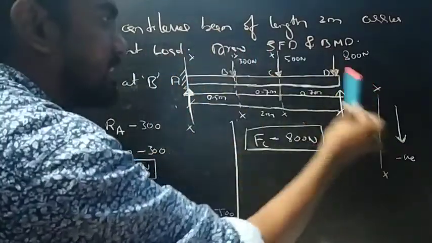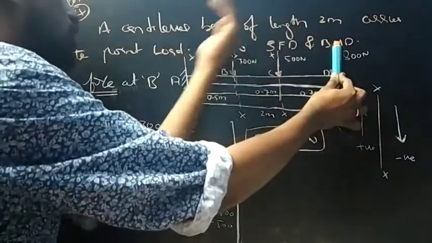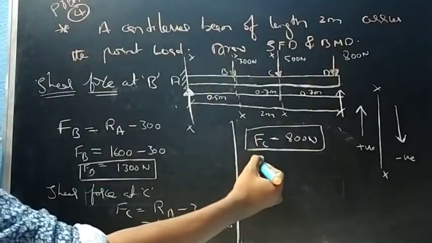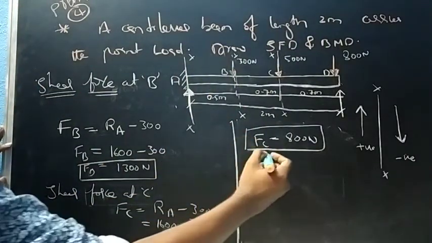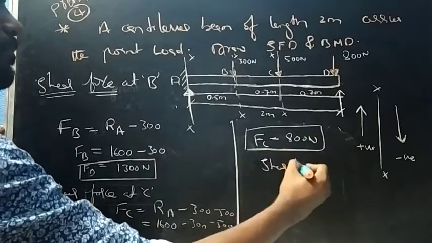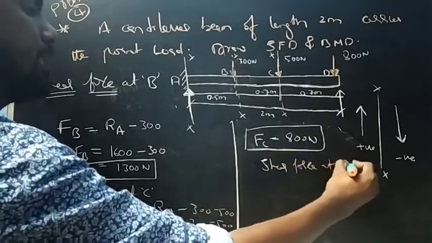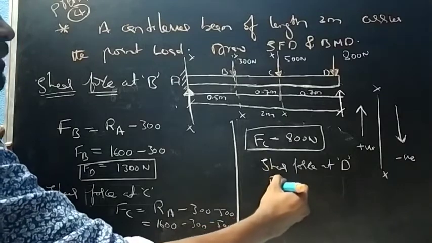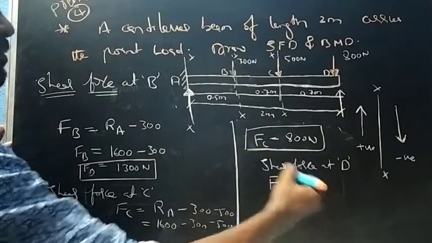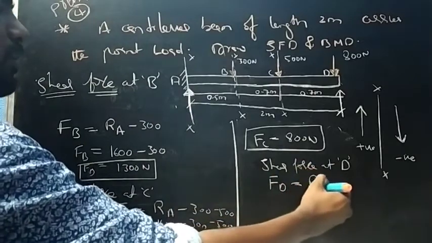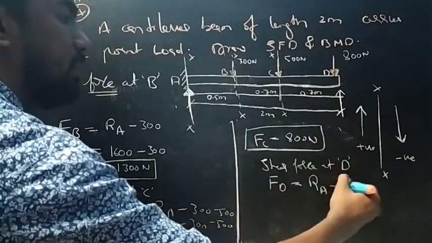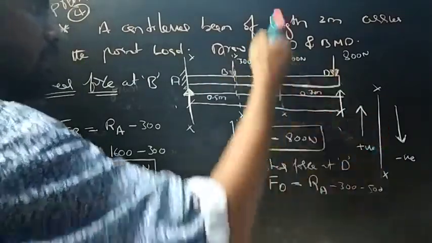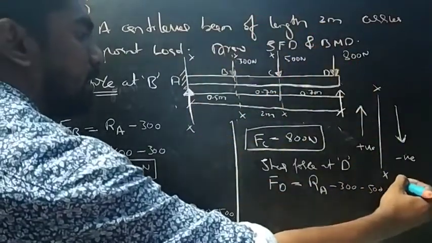Next I am moving this axis line at D. So I am taking all the left hand forces, that is A, B, C and D. So I can write shear force at point D, represented by FD, equals to RA, which is positive, minus 300 minus 500 minus 300 minus 500 downward direction minus 800.